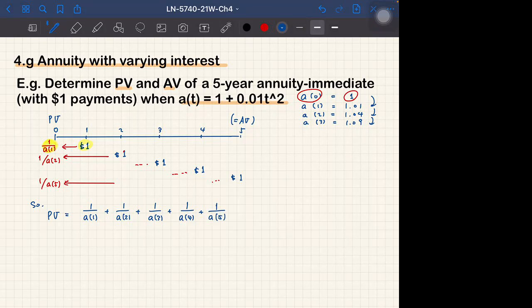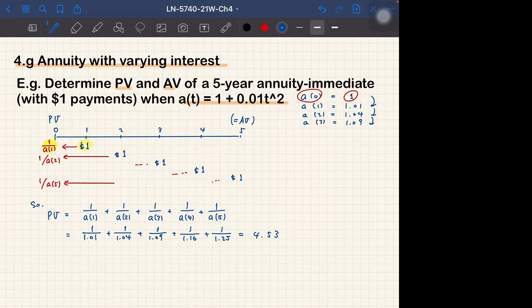So we don't have any magic way to calculate this immediately, but you can just plug in all numbers, then you can get the answer. So this becomes 4.53.